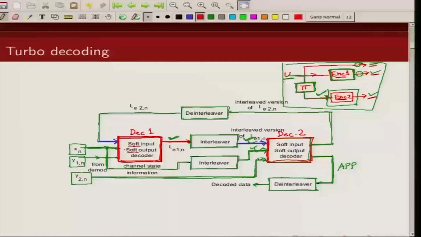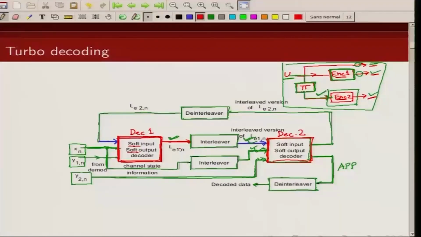Now, in lecture 5 we talked about decoding of convolutional codes with the BCJR algorithm. So, this is precisely what these two decoders that you see here are going to use. They are going to use the BCJR algorithm, and we are going to slightly modify this algorithm to get these extrinsic informations from the decoder, and that will be shown in a subsequent slide.